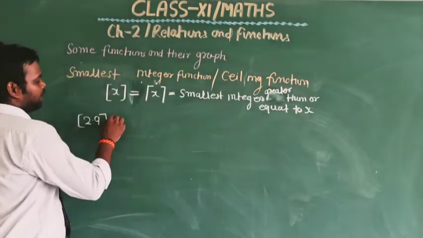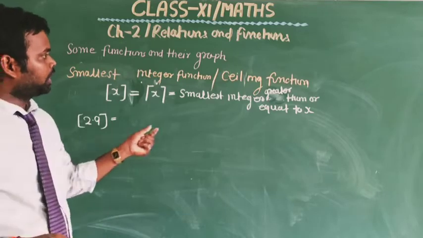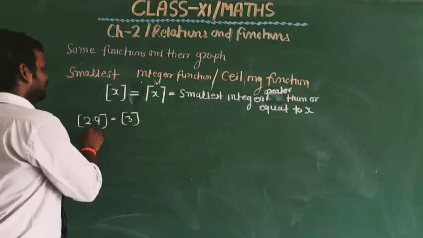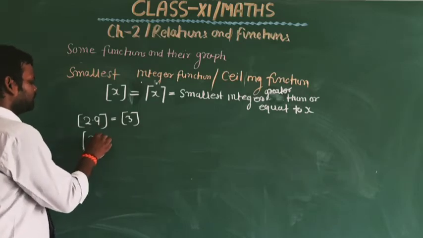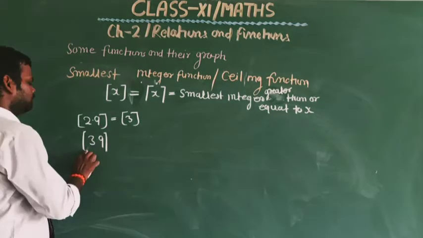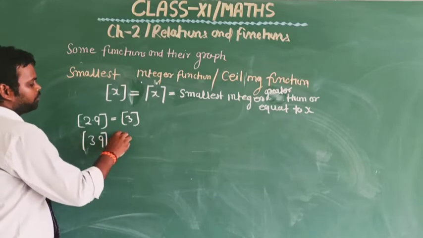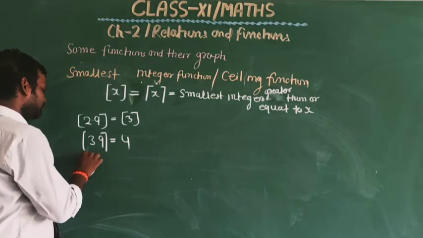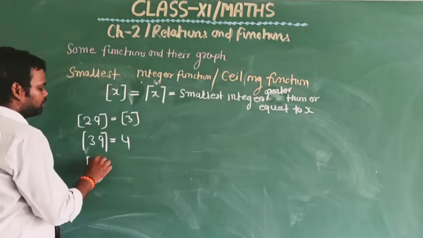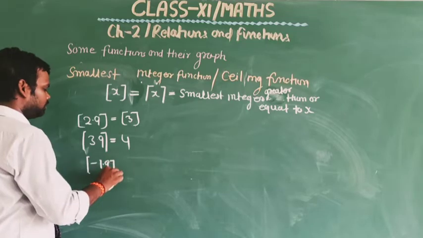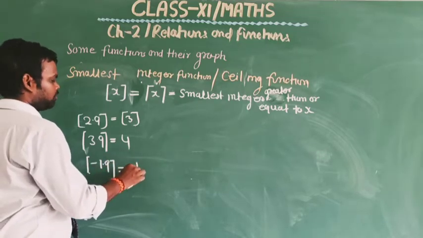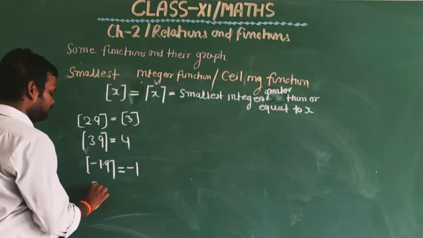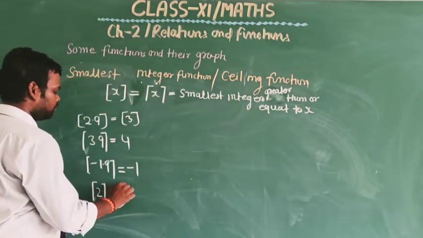So 2.9 becomes 3, and 3.9 is 4, and similarly minus 1.9 is minus 1 and at 2 it is equal to 2.